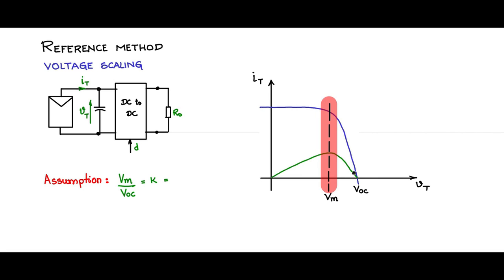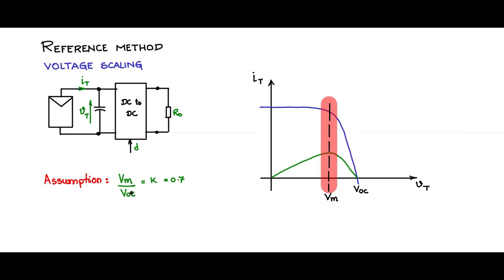And let us say approximately, if you say VOC is 100%, VM is at around 70% point, 70 to 90% point, but it will vary depending on the characteristic. Once you choose a particular PV panel from the data sheet, you can arrive at what this constant value is. Let us say it is around 0.7.